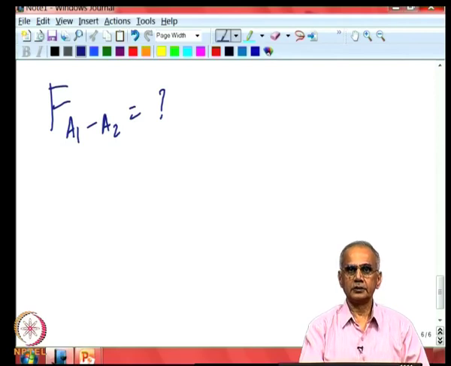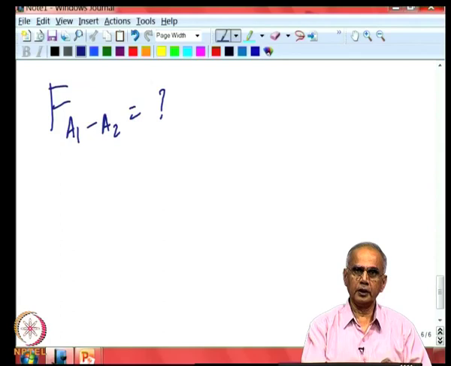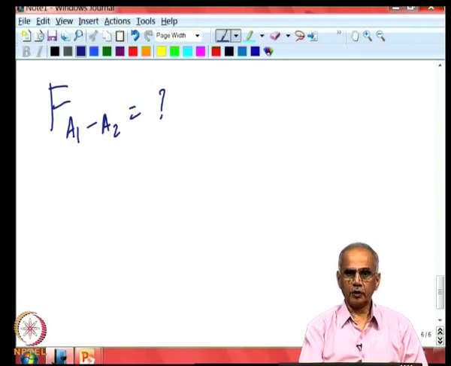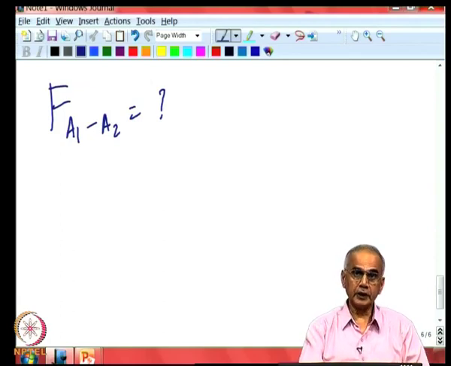Now, we have just shown that the geometric configuration factor between differential areas is completely a geometric factor if the surfaces emit and reflect in a diffuse isotropic fashion.